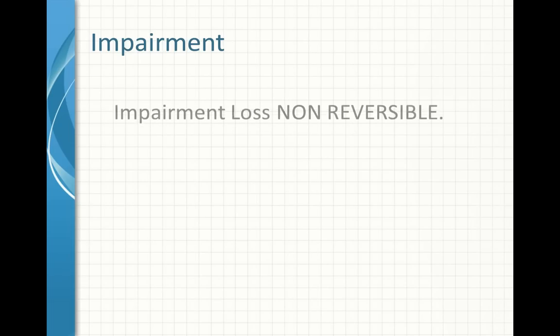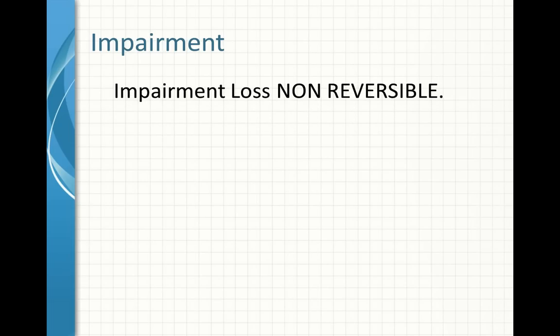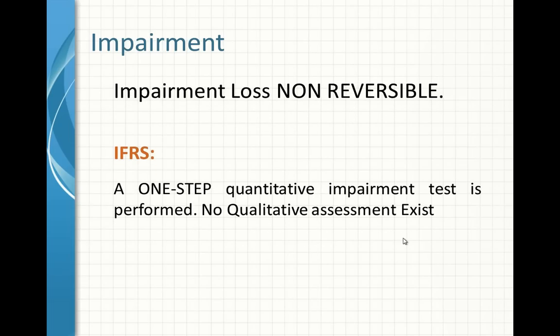Impairment loss cannot be reversed again. It has to be charged to the profit and loss account. It is non-reversible. And also please write one more important difference between IFRS and GAAP: under IFRS, a one-step quantitative impairment test is performed, but no qualitative test.